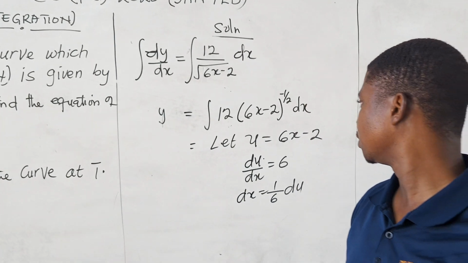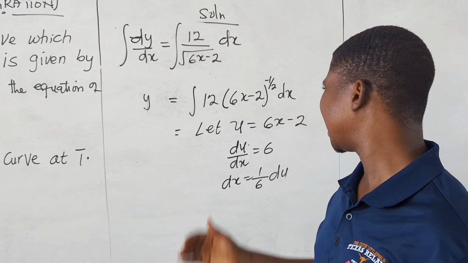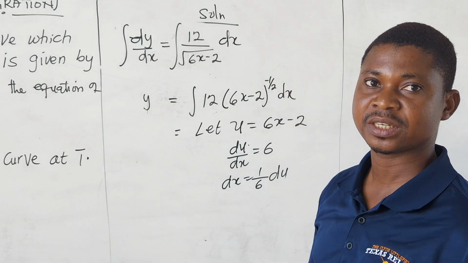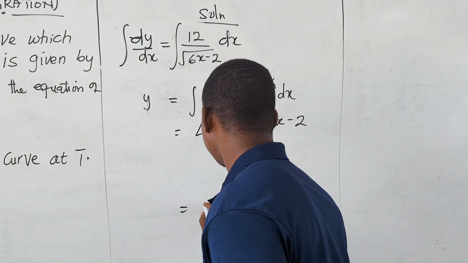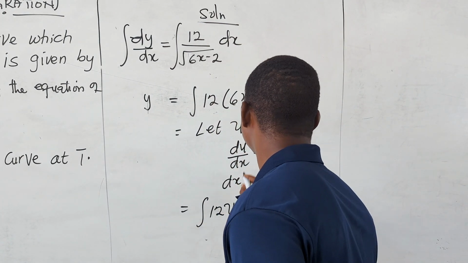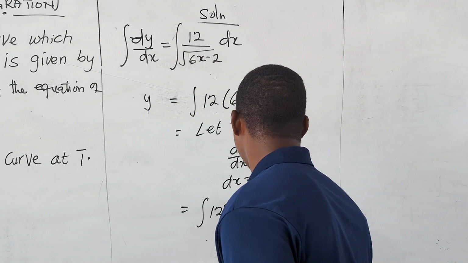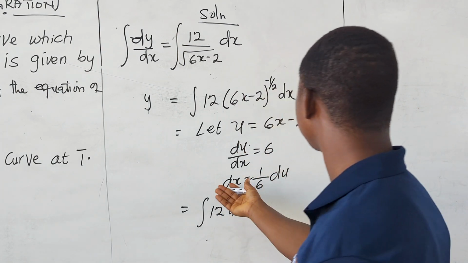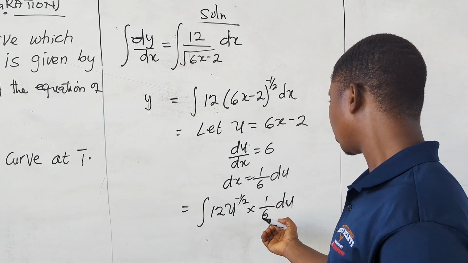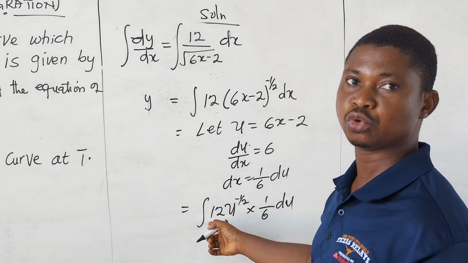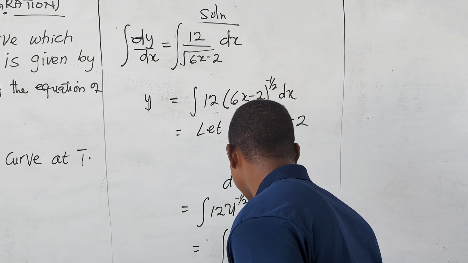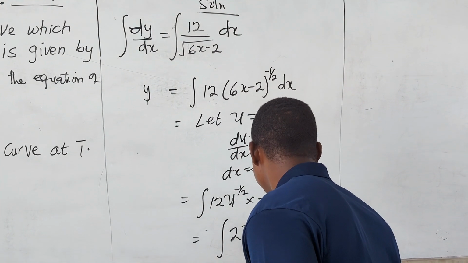Having gotten that, we replace x and u into our function. So now we have the integral of 12, u to the power negative half, times 1 over 6 du. The 6 goes into the 12, so we have the integral of 2u to the power negative half du.